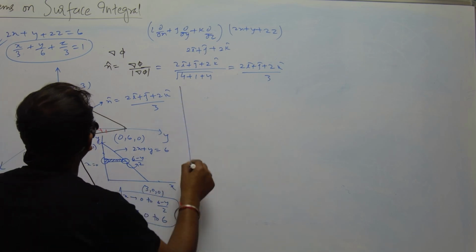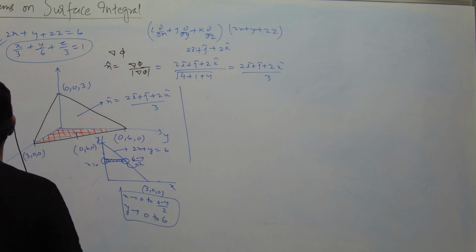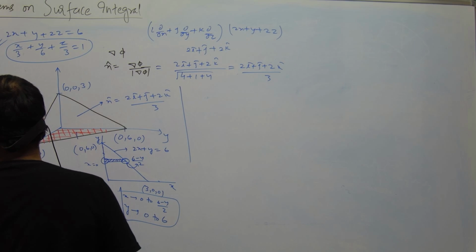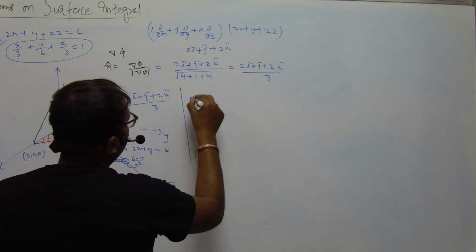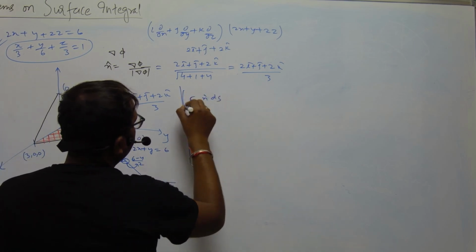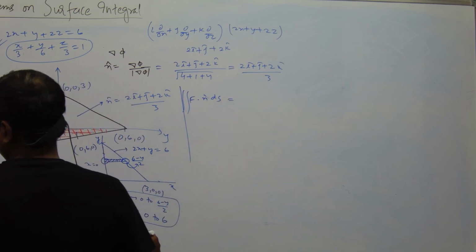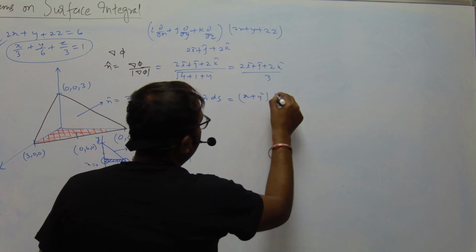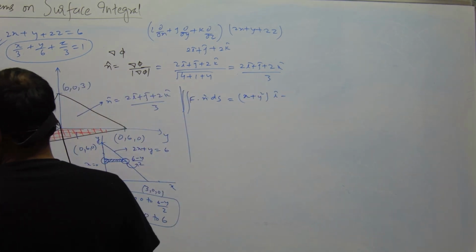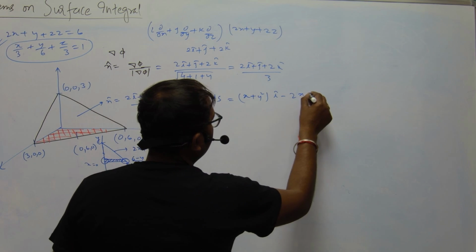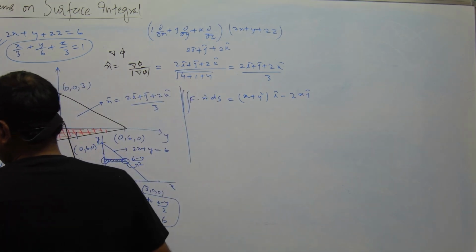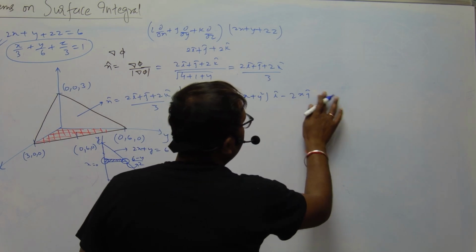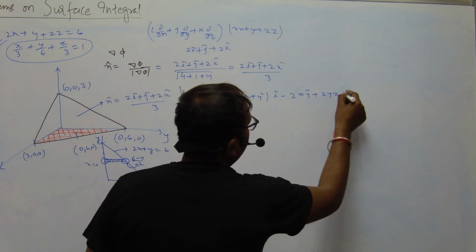Let us find the value of this integral, F dot n cap dS. The value of F is (x plus y square) i cap minus 2x j cap plus 2yz k cap.